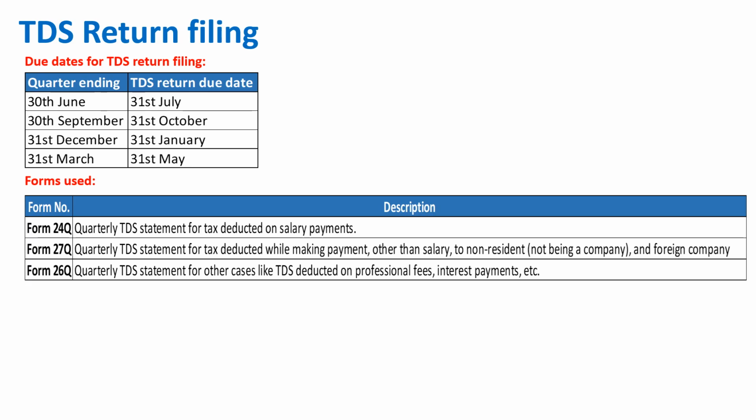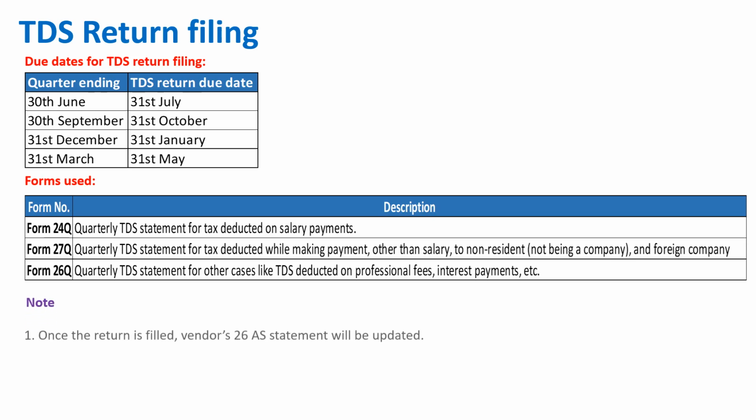That means the tax you deduct on the salary of employees, those details will be filled in 24Q with the PAN details of the employees. If you are remitting TDS on behalf of any non-resident or a foreign company, then Form 27Q has to be used. Apart from these two, for any other TDS you are deducting under any section, Form 26Q will be used for filing the TDS return.